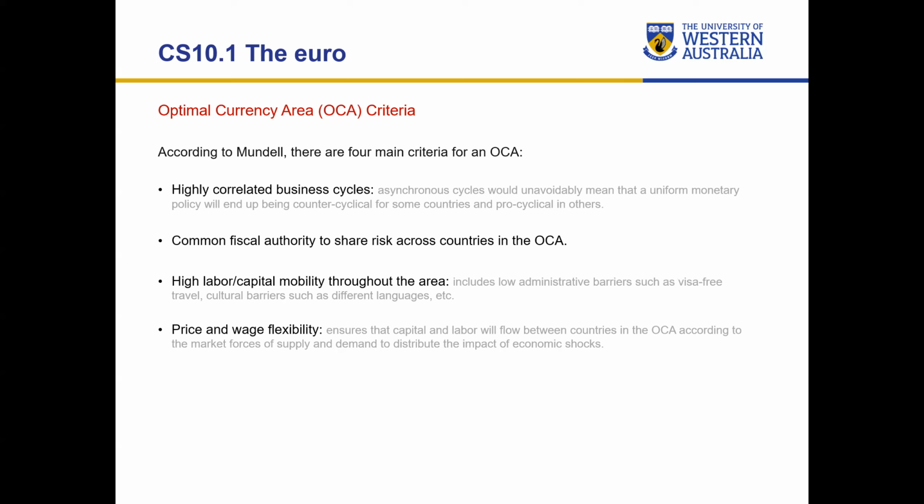So let's look at these 4 criteria in the context of Europe's suitability for using a common currency. Doesn't satisfy 1, doesn't satisfy 2, doesn't have a common fiscal authority, doesn't satisfy 3, doesn't satisfy 4. See where I'm going with this? Then why adopt it?